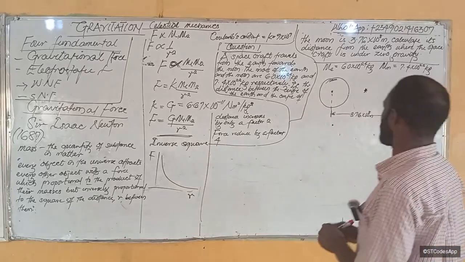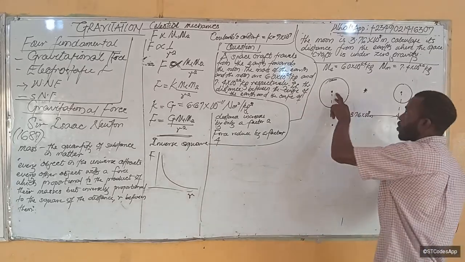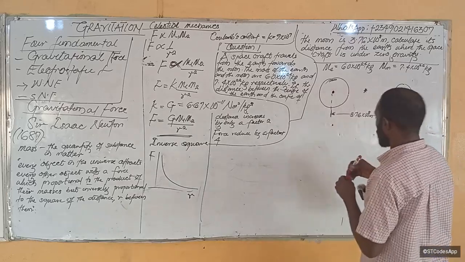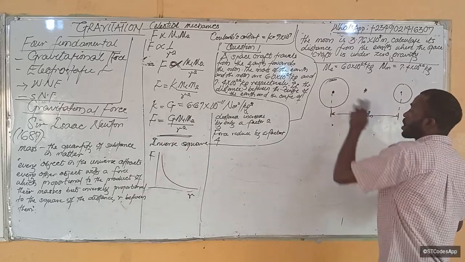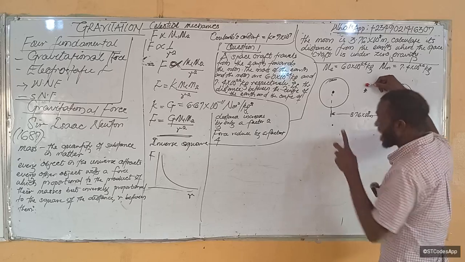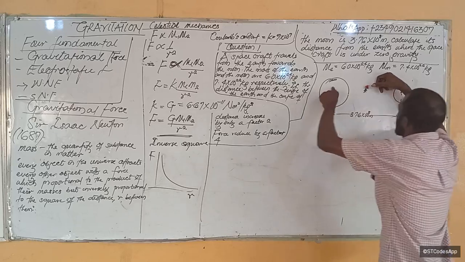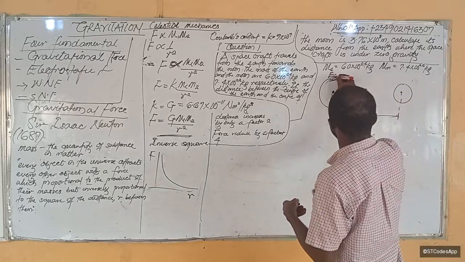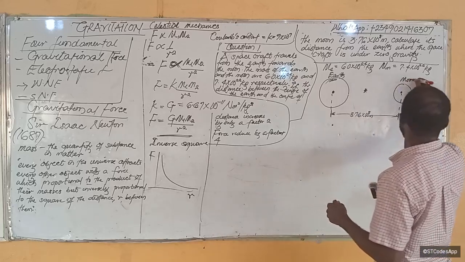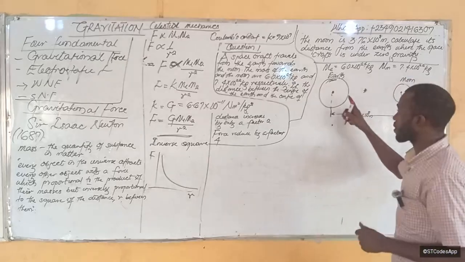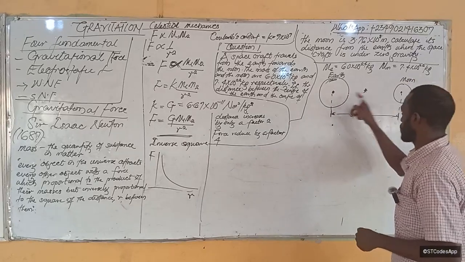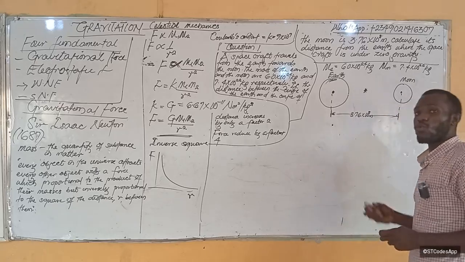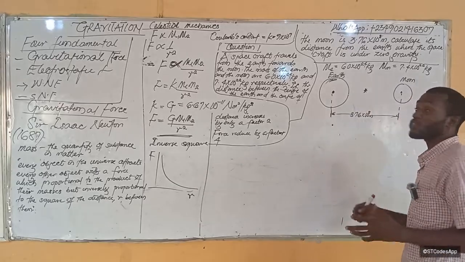Let's name them: there is the moon and there is the Earth. There is a force of attraction, according to Newton's law, between the Earth and this spacecraft, and there's a force of attraction between the moon and the spacecraft. So where will this spacecraft feel zero gravity?